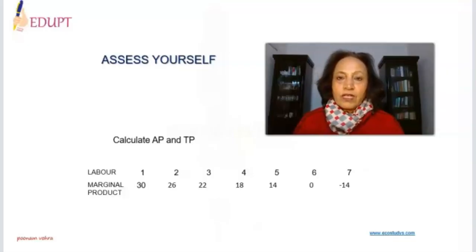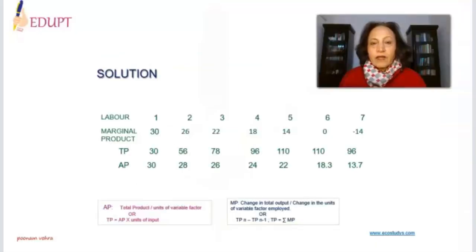So you need to find out the total product as well as average product. Let's see how do we do that. Now have a look at the solution. When total product is given to you and you need to find marginal product, you always follow the formula total product of n units minus total product of n minus 1 unit.